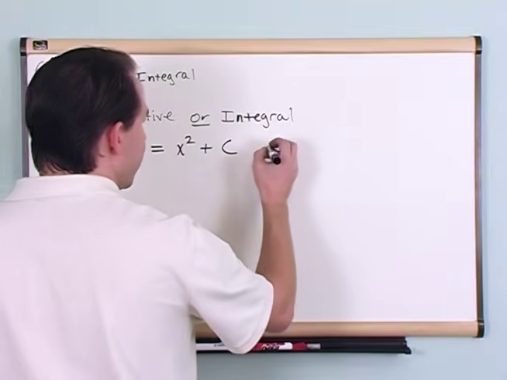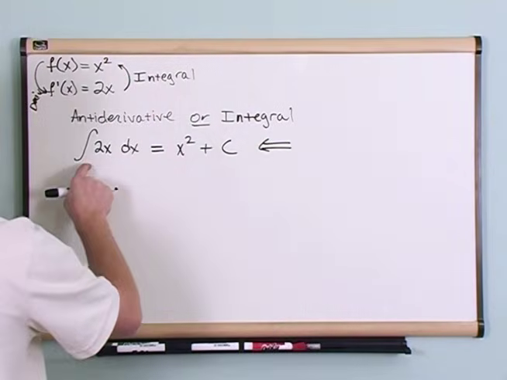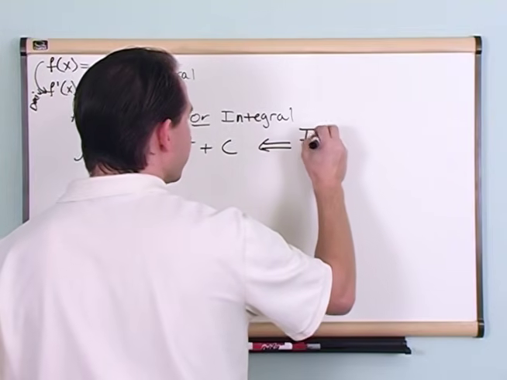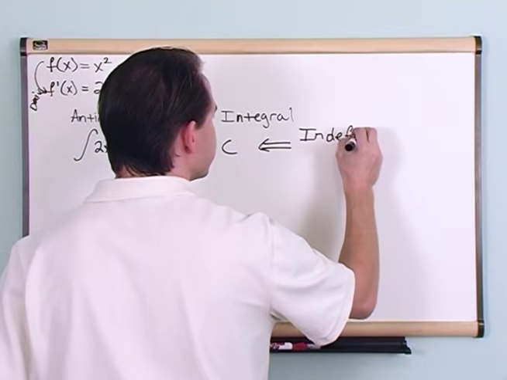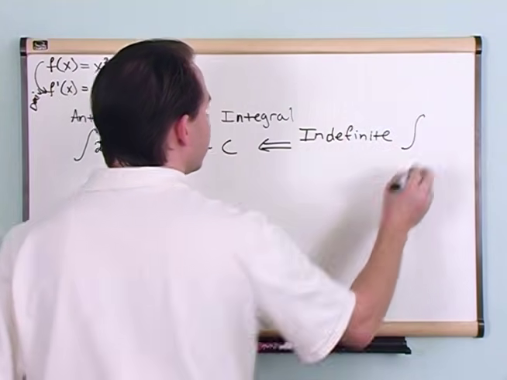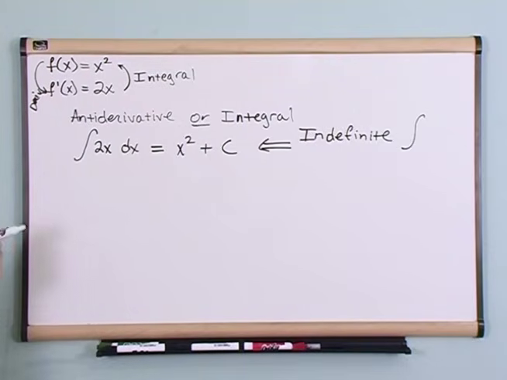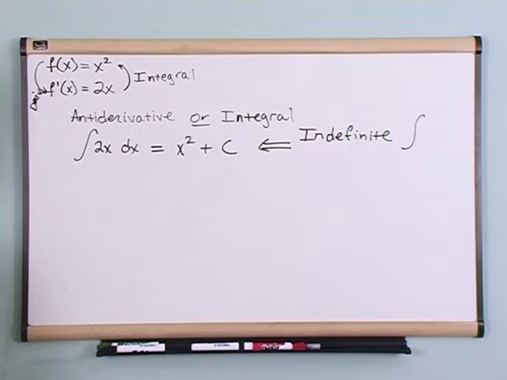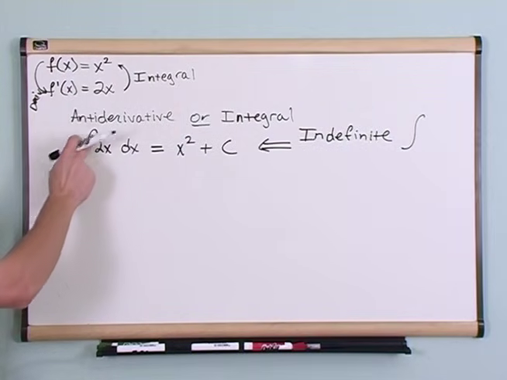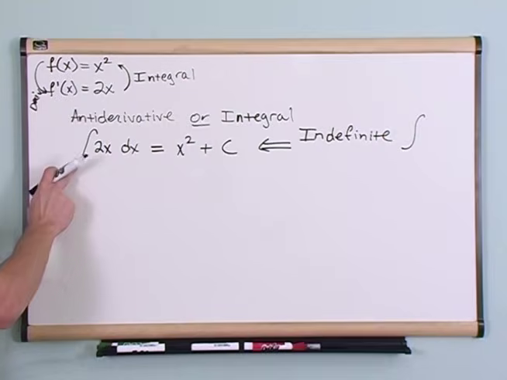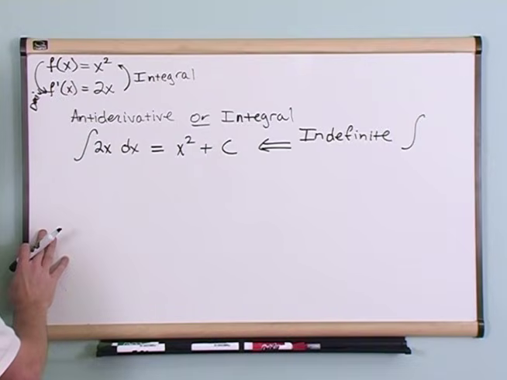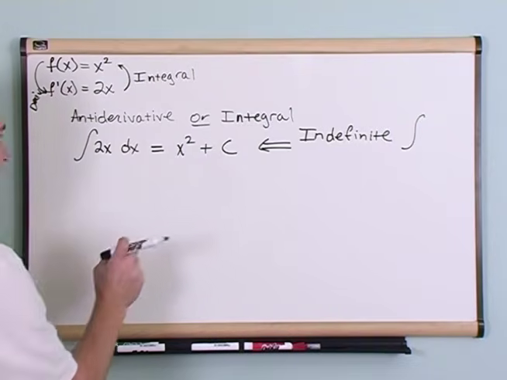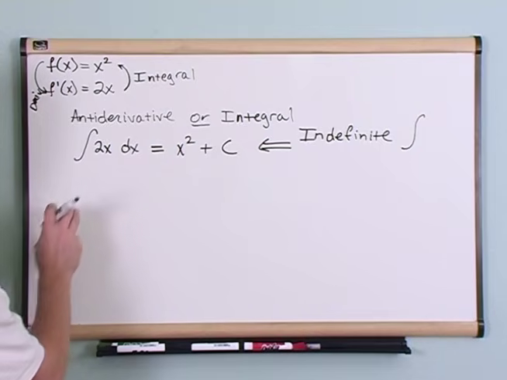Now, I want to make sure that you're aware that this kind of integral is called an indefinite integral. The reason is, later on I'm going to show you what a definite integral is. In this integral symbol here, if there are no numbers up here on the top and on the bottom, and you will see some shortly, there are no definite bounds of integration.